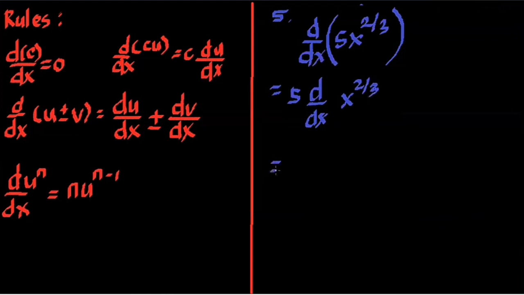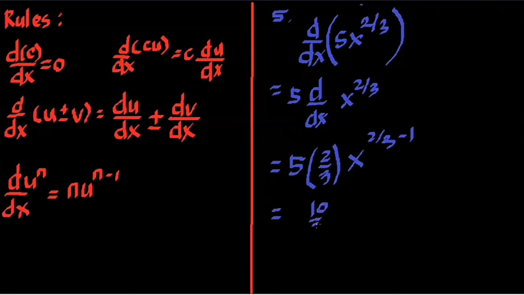And now, since we have this exponential form, we could apply the power rule. Copy the constant, then bring down the exponent, which is 2/3. Multiply it by its base, then copy the exponent, but deduct it by 1. So this now would become 10/3 times x exponent negative 1/3.